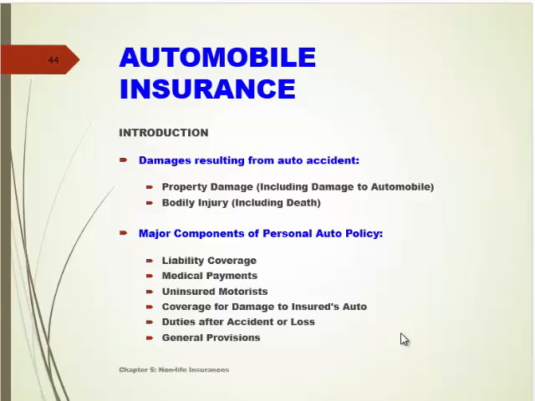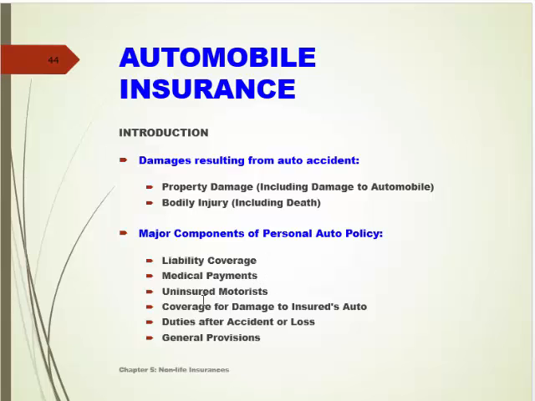Moving on then to talk about car insurance. Obviously we're talking about those damages resulting from some kind of auto insurance. Property damage obviously is incorporated there. Bodily injury is the other side. So the major components: we need to have some liability coverage, to cover us for damages, for potential negligence that we may have committed.